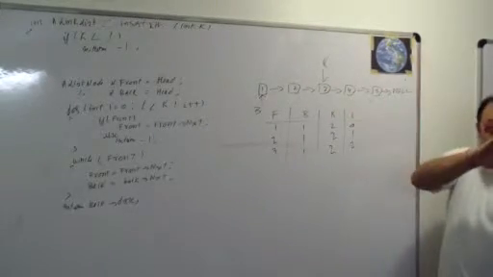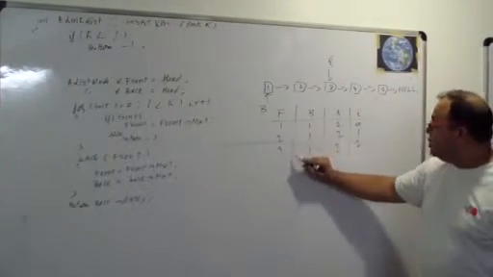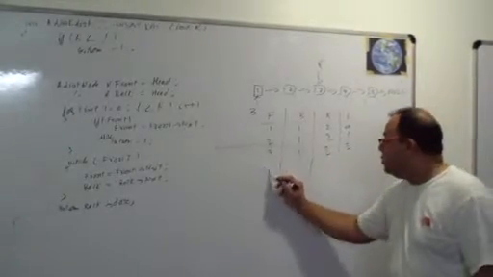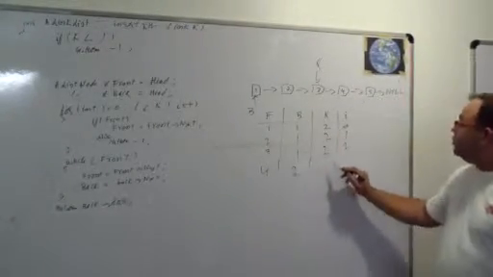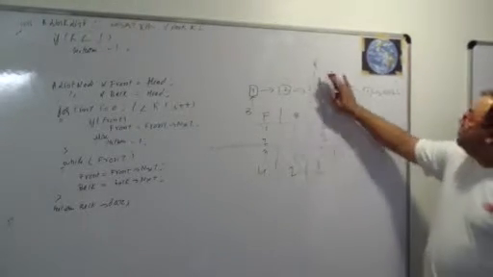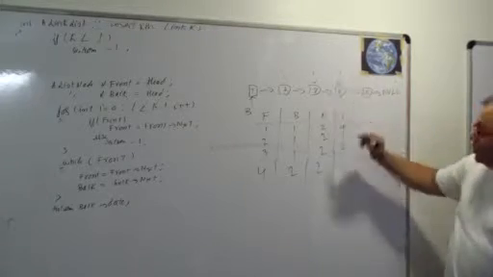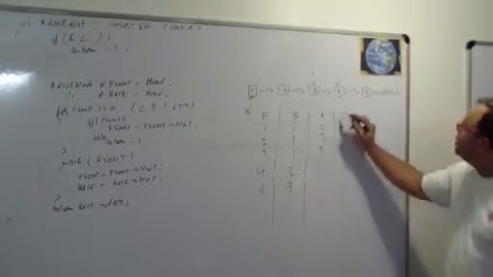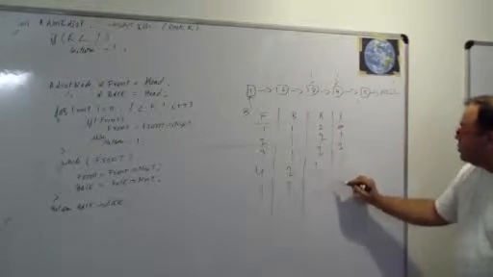I don't know, there might be an indexing problem, so I'll go through it. Front will move to 4, back will move to 2. K is 2. Then front is at 4, then front is at 5.